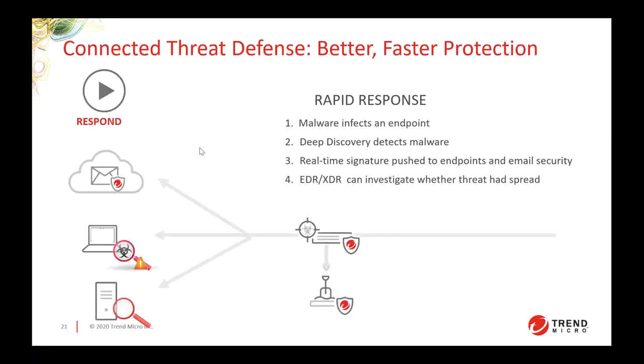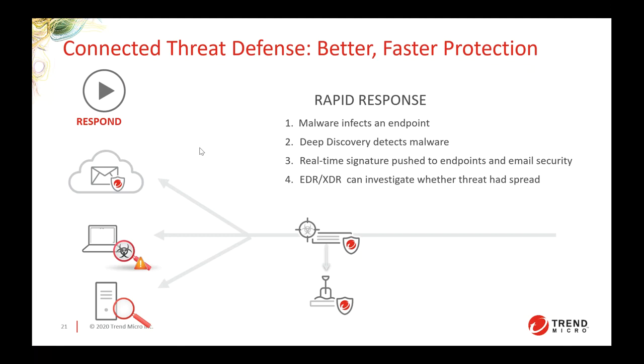For example, the connected threat defense, how it will work. All the Trend Micro products will be connected together. For example, malware infects an endpoint. One endpoint is infected with the malware, and Deep Discovery, our sandboxing solution, detects that malware in the second stage.